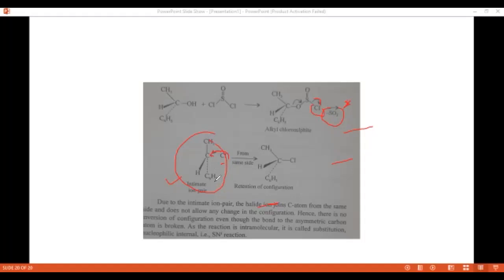Before the carbocation changes its configuration, it combines with the chloride ion.